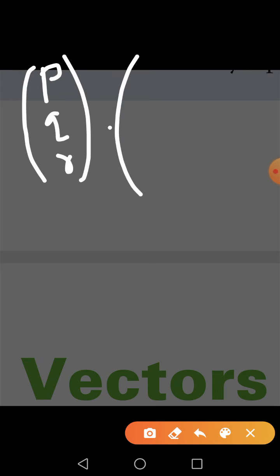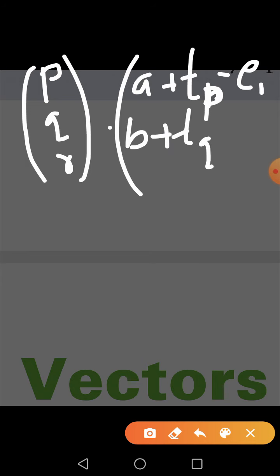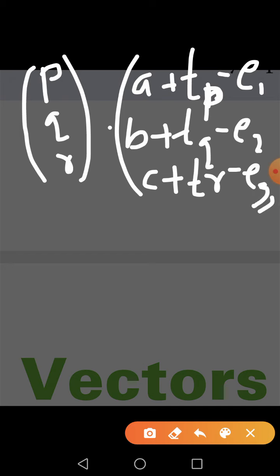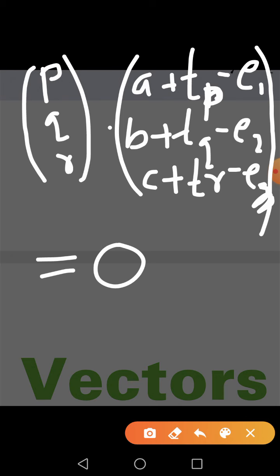So P, Q and R dot (A plus TP minus E1, B plus TQ minus E2, C plus TR minus E3), and this whole thing would be equal to 0, where P, Q, R are the direction vector of the line under concern, and A, B, C are the coordinates of any known point on the line.